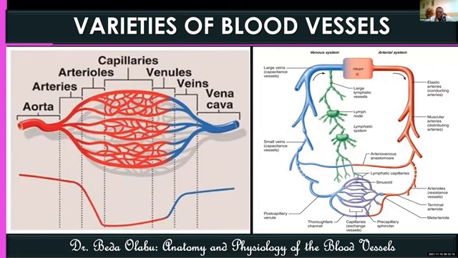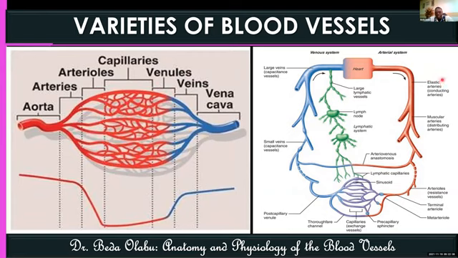But there's something I want to say here. From the heart, we've said that you have arteries. Histologically, there are different types of arteries, as we're going to see. The larger arteries are called elastic arteries.